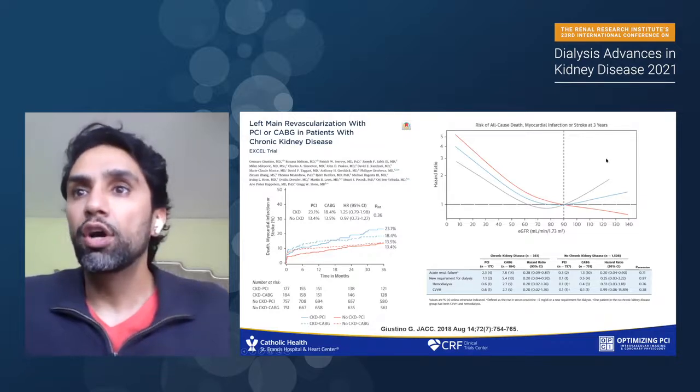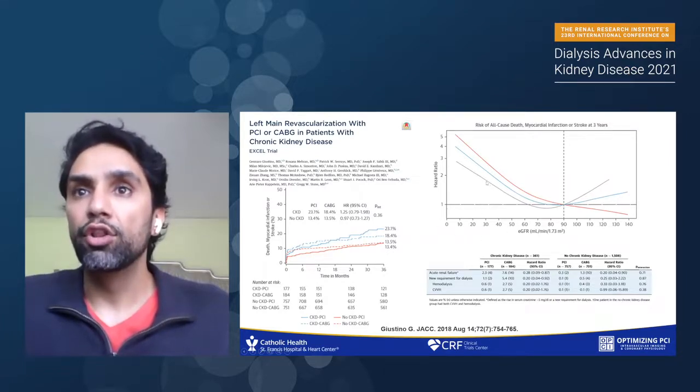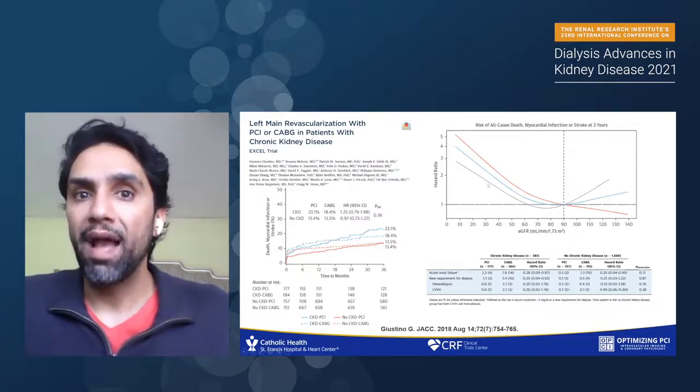But if we take a look overall at the risk, what we'll notice is that depending upon your eGFR, that risk changes. So the lower your eGFR, the lower your risk from having bypass surgery compared to having PCI.